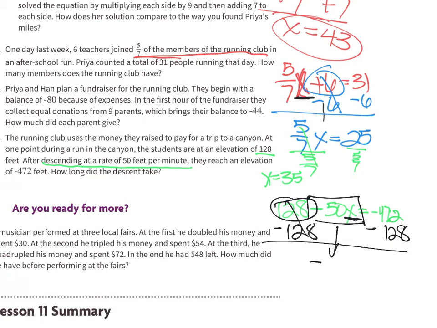So we have negative 50x equals, let's use our calculator, negative 472 minus 128. We get negative 600. Negative 50x means negative 50 times x, so to get rid of times, we divide. So using our calculator again, negative 600 divided by negative 50 is 12. So it took them 12 minutes to get to the bottom. Okay?